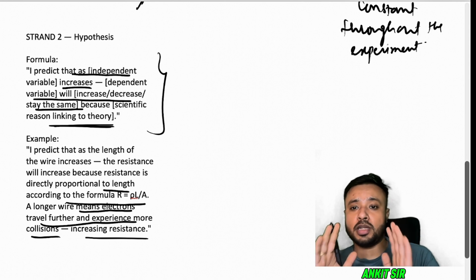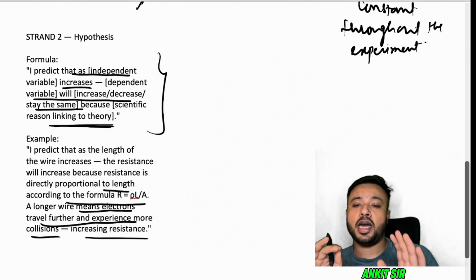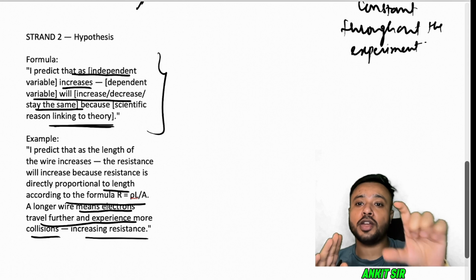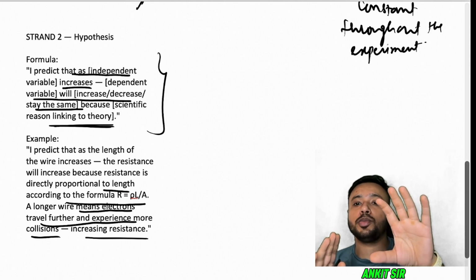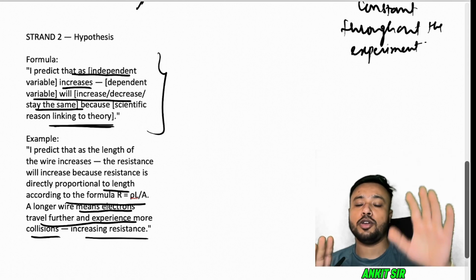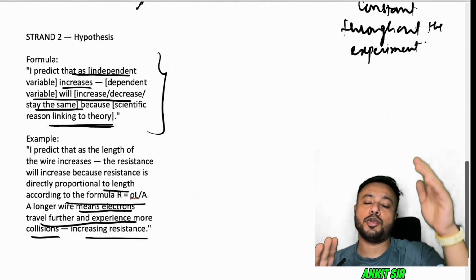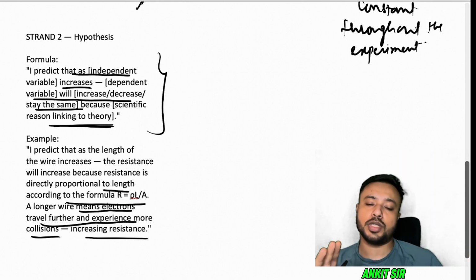So what is the method to figure out the IV, DV, and CV? The only method I ask students to follow is, guys, you have to read the question patiently. You have to read and understand each and every line of what is given in the question. Whenever there is a criteria B question, they might provide you with some text or some video script.